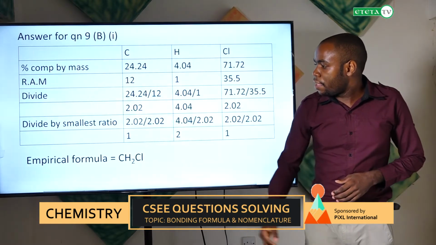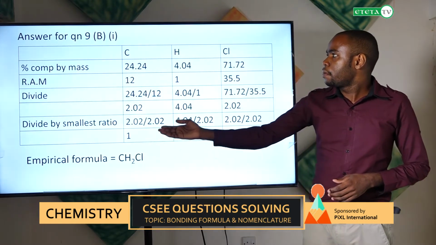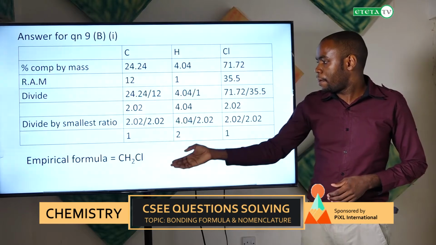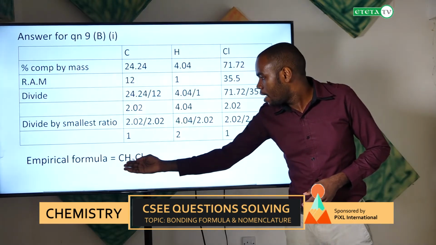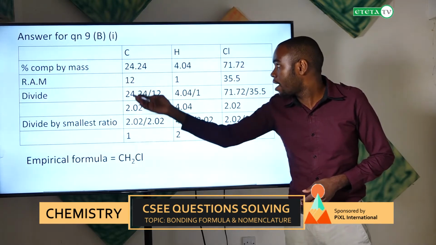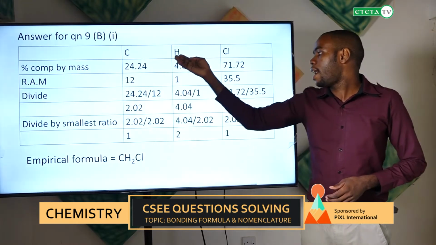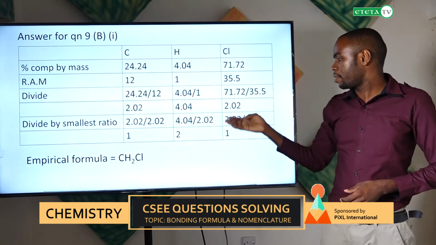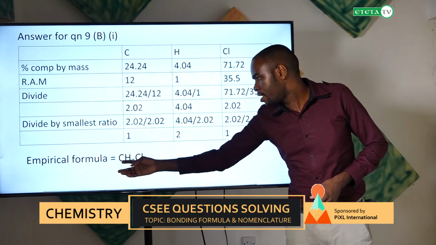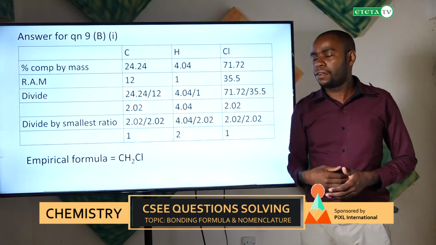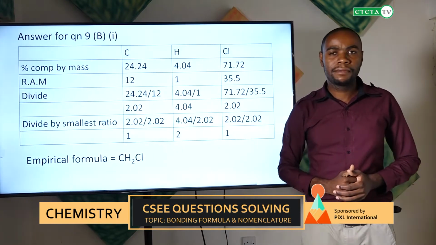For that matter, the empirical formula for this compound is CH2Cl, as carbon is 1, hydrogen is 2, and chlorine is 1.